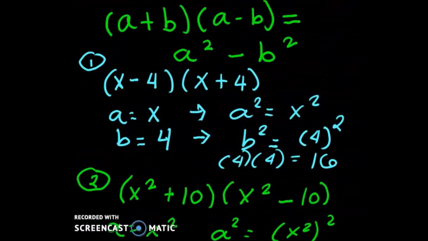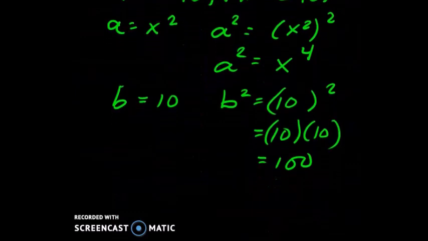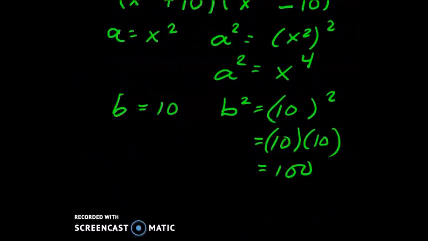Unlike with the first example, the answer for this is just the combination of our given, and it should be subtraction. So this should be subtraction. x squared minus 16, and this one, in the same manner, we just need to get the a squared and b squared and put the subtraction sign.